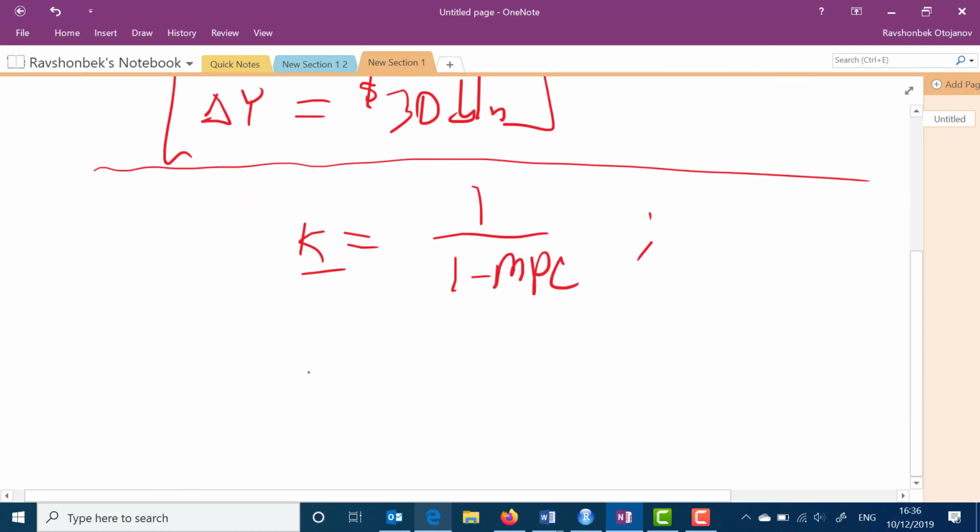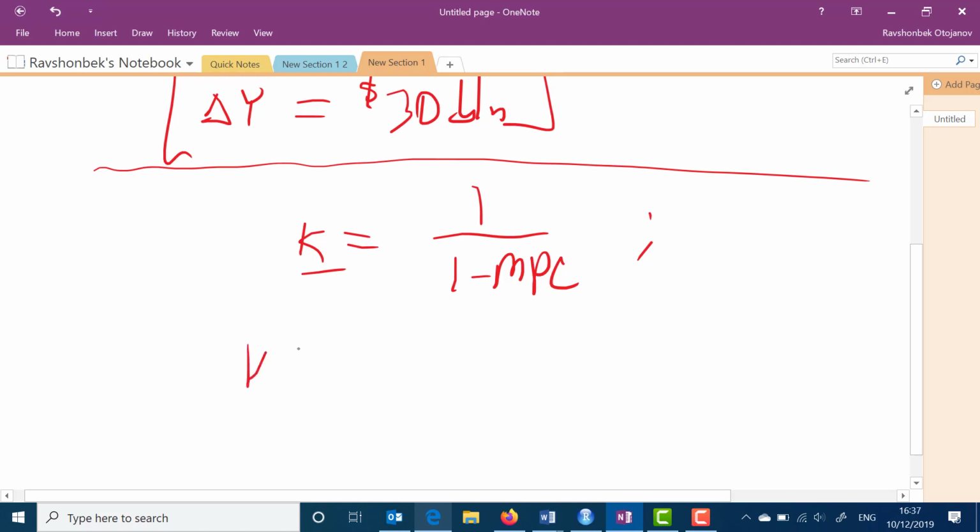So MPC here is, how do you work this out? Multiply both sides by 1 minus MPC. Yeah? 1/3, right? It's around 1/3.